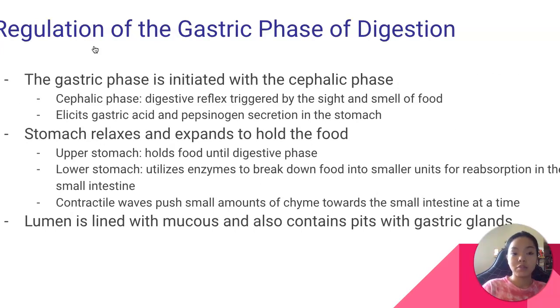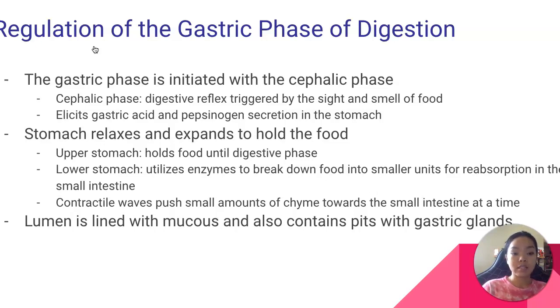This slide talks about the regulation of the gastric phase of digestion. The gastric phase is highly regulated, and it is initiated with the cephalic phase. The cephalic phase is a digestive reflex that is triggered by the sight and smell of food.